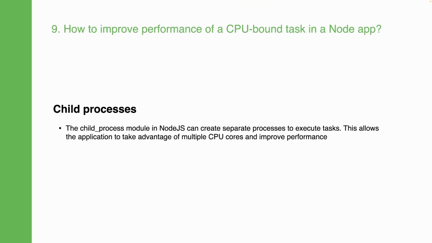And now, child processes. The child process module in Node.js can create separate processes to execute tasks, allowing the application to utilize multiple CPU cores for improved performance. A child process runs in its own V8 instance and has its own memory space, which is advantageous for CPU-bound tasks as it ensures they won't block the main thread, just like the worker threads did.